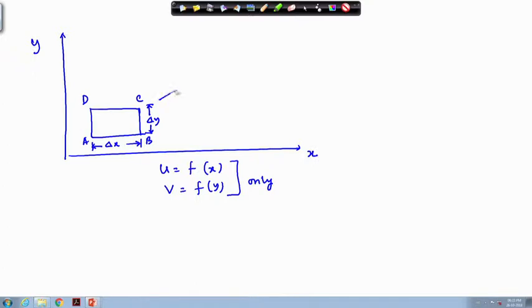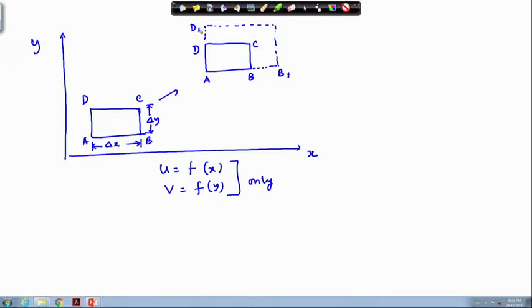So, after some time, let us say time delta t, the fluid element takes a configuration like this. Of course, you should highlight to your students that this textbook figure is actually wrong. Why?